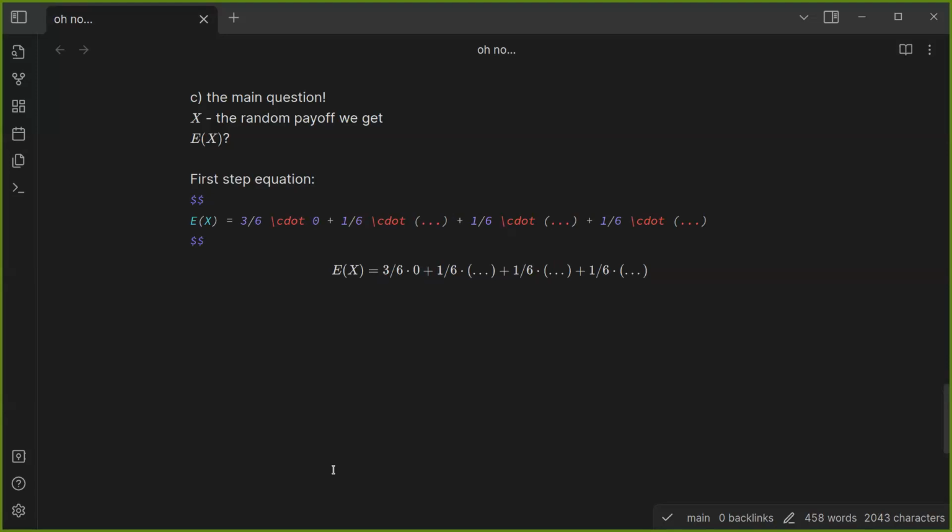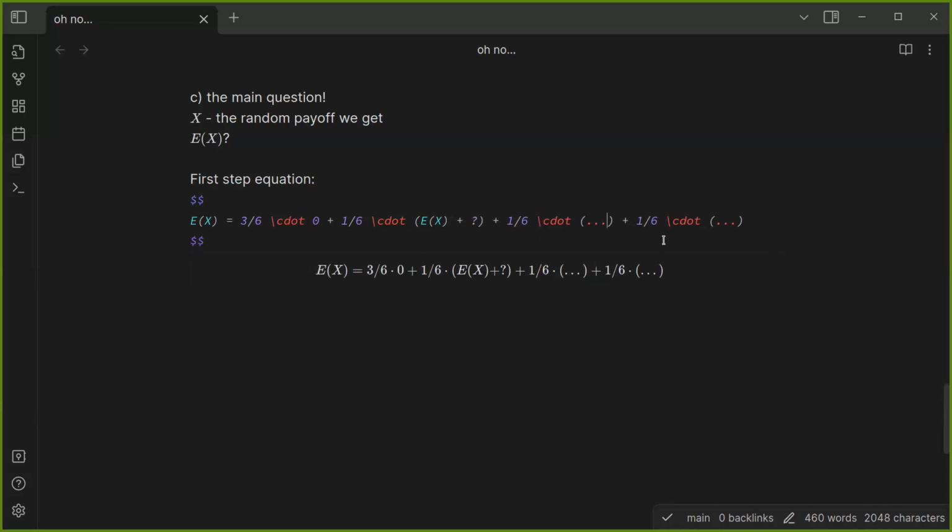So let's consider them. For example, if $1 is added into the pot, the game is more favorable to me than the initial game, because in the initial game the pot is empty. And if I start with $1 in the pot, I'm more happy. So it should be the expected value of X plus something here.